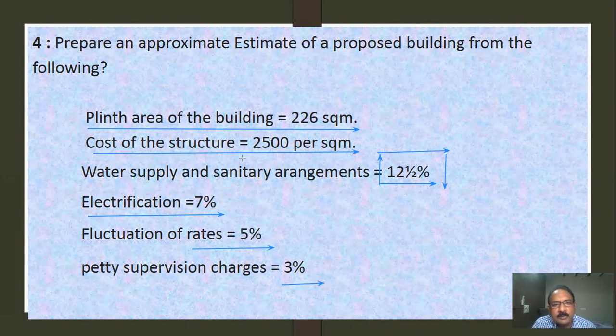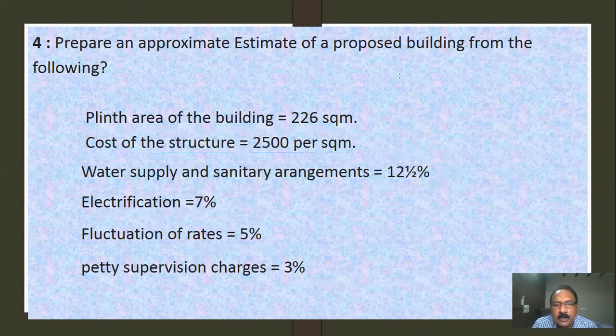Prepare an approximate estimate of the proposed building from the following data: plinth area of the building, cost of the construction, water supply and sanitary arrangements, electrification, fluctuation rates, and petty supervision charges. Now, how to solve this problem?